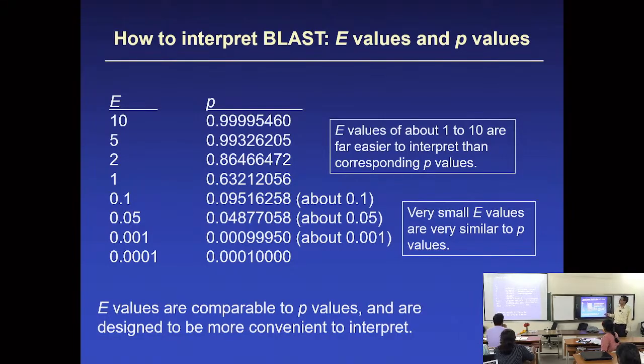When p-value is 0.0487, which is close to 0.05, e-value is also about 0.05. When p-value is 0.9995, e-value is 10. So you would not want to consider this one when you are assessing the statistical significance. That's a very high e-value.